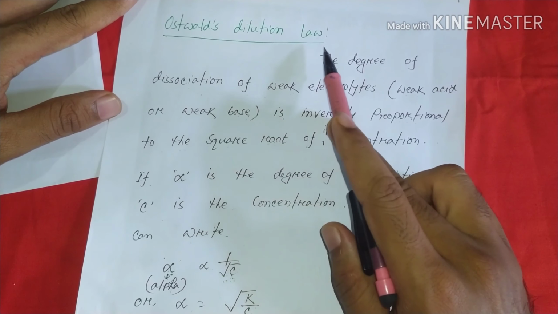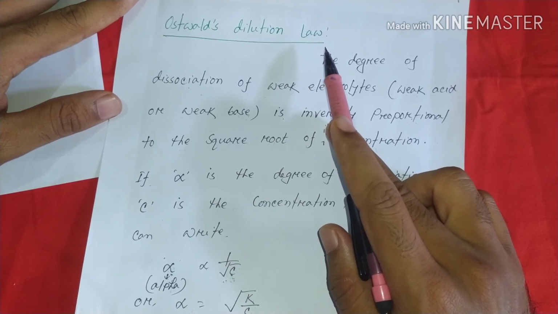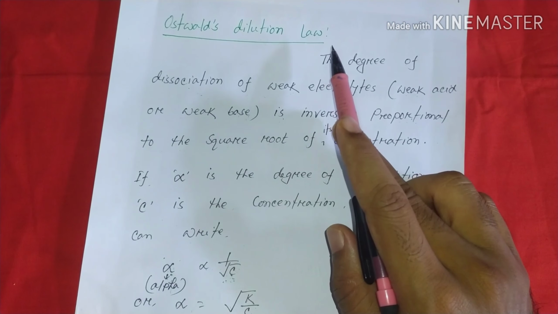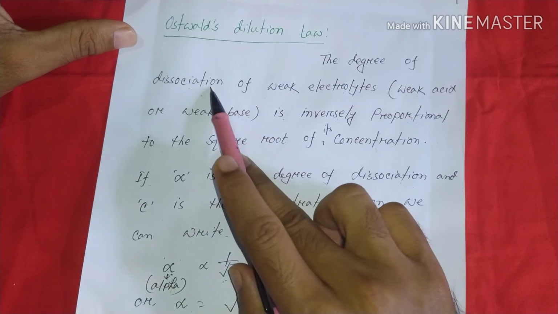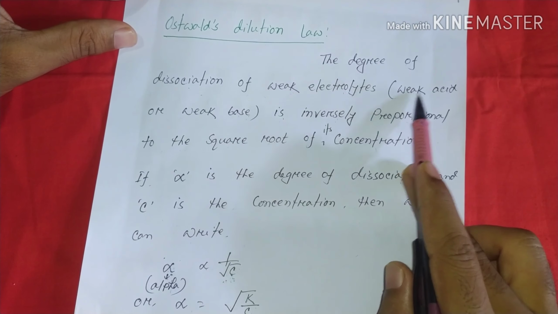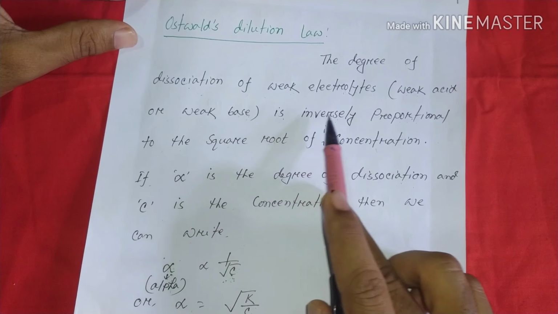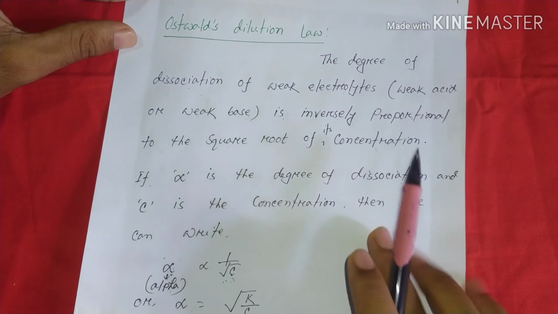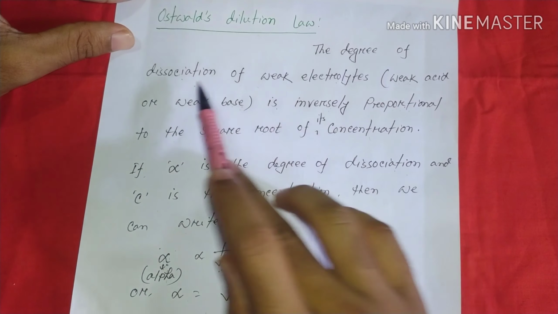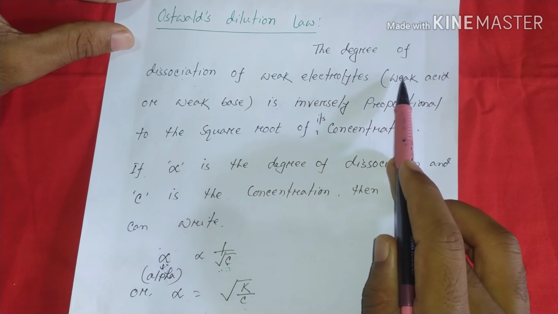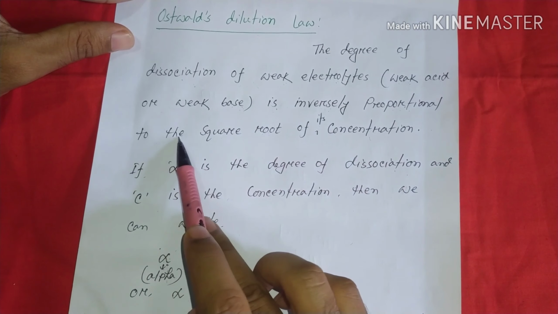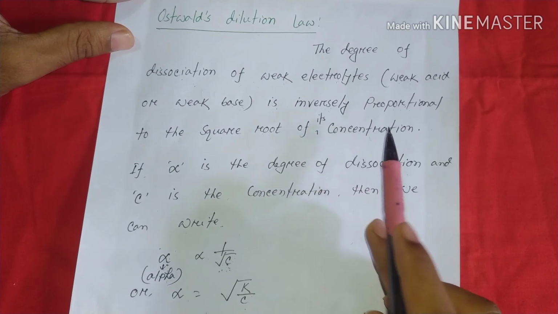Ostwald's dilution law. This law is applicable only for weak electrolytes, for weak acid or weak base. The degree of dissociation of weak electrolytes like weak acid or weak base is inversely proportional to the square root of its concentration.